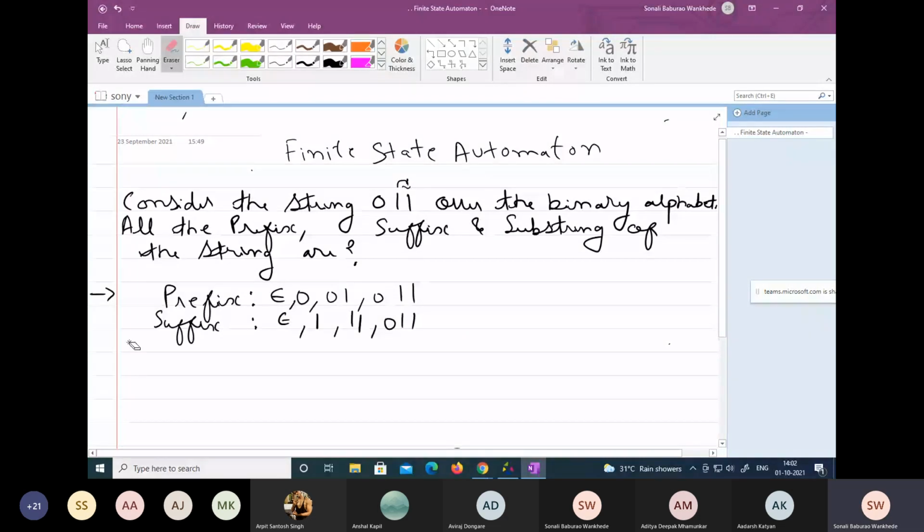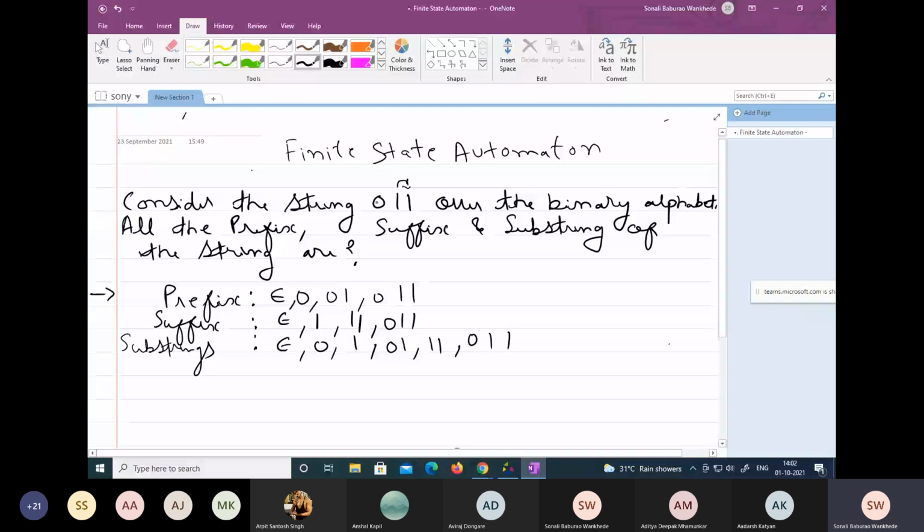Substrings here will be epsilon, 0, 1, then 01, 11, and 011. These are the values of prefix, suffix, and substrings of the string which is given to you.